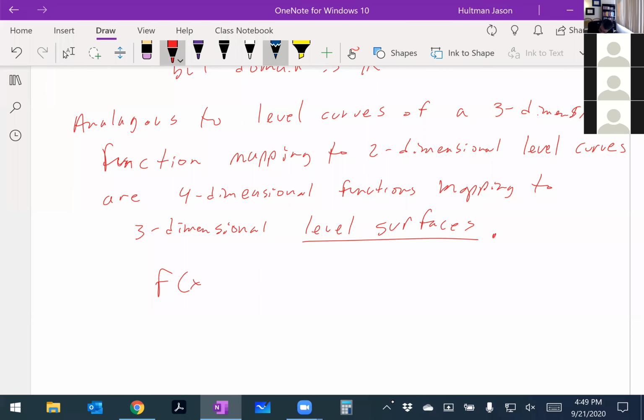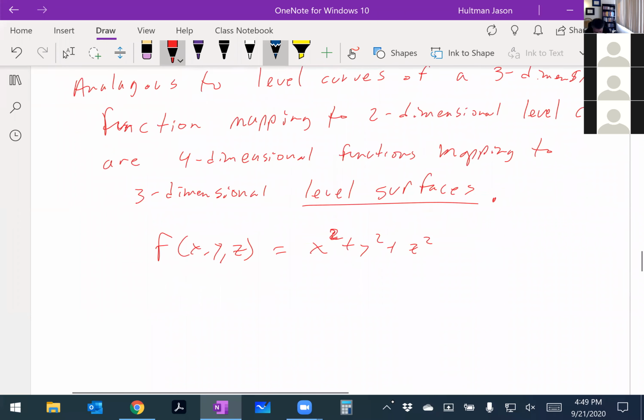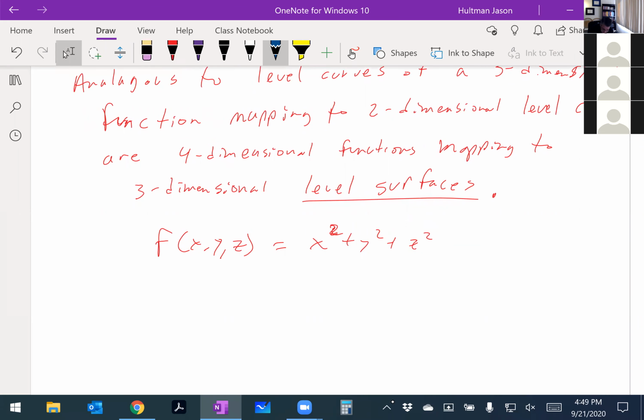So let's look at this here. We have f of x, y, z equal to x squared plus y squared plus z squared, right? So for level surfaces, let f of x, y, z equal k.